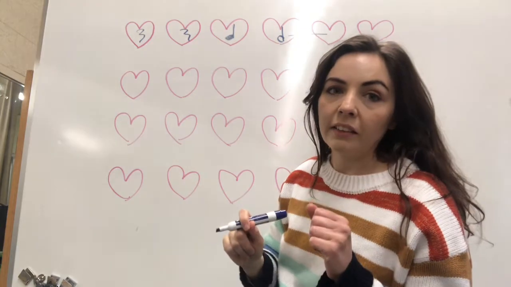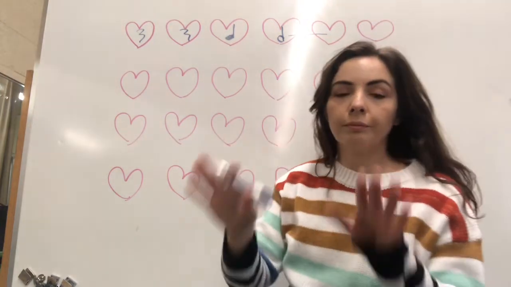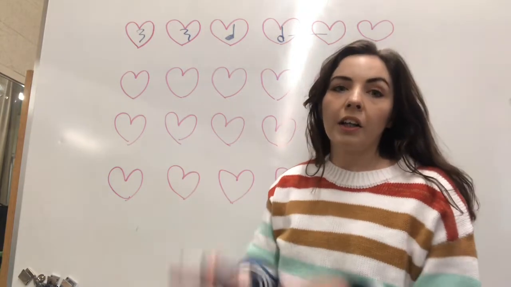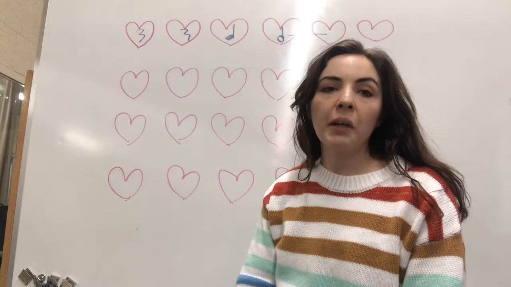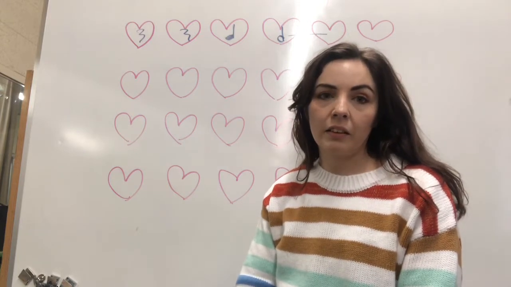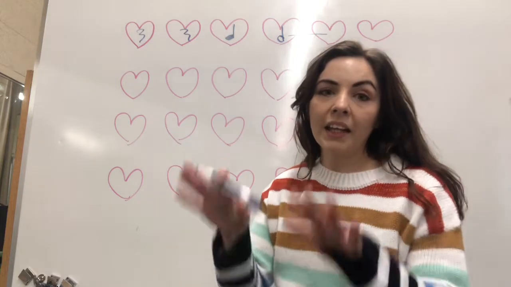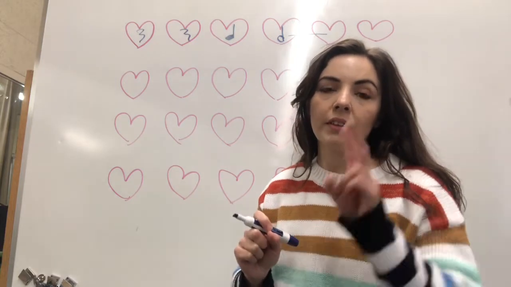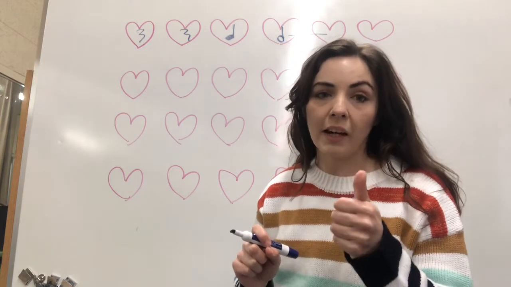Let's sing again and see if we can find out what's in this next heart here. Amazing. How many notes are in that zing? Amazing. So if you said 2 are in that heart, you are right.